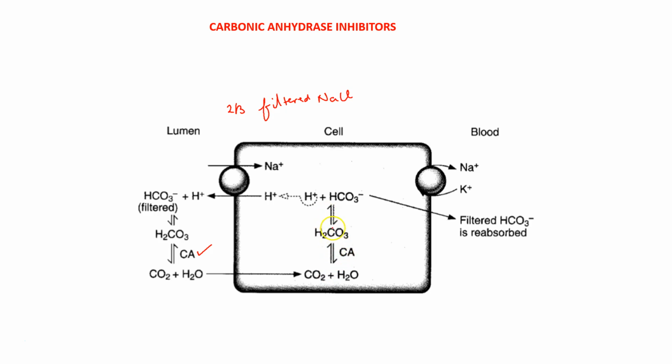This carbonic acid is then broken to form bicarbonate and hydrogen, which is then again excreted to bind with the filtered bicarbonate. The bicarbonate, on the other hand, is reabsorbed into the blood, and sodium is reabsorbed by the help of Na+K+ ATPase pump. So if carbonic anhydrase blocks this step, it results in increased bicarbonate getting excreted in the urine.